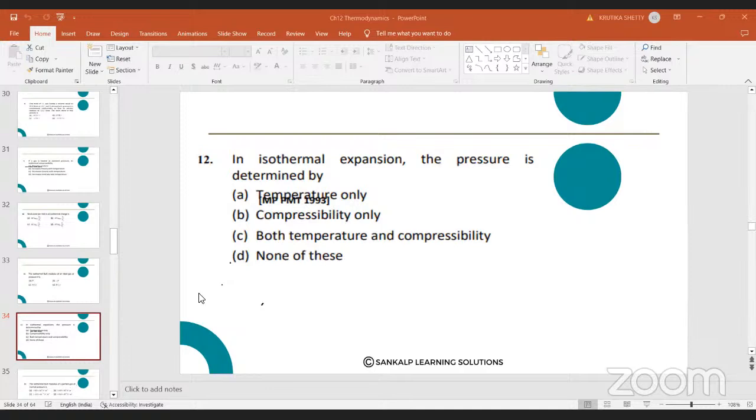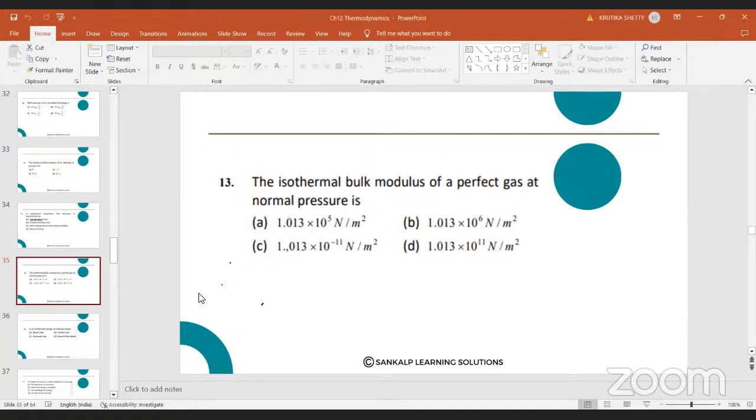Then the next question: the isothermal bulk modulus of a perfect gas at normal pressure is. It is 1.013 into 10 to the power 5.